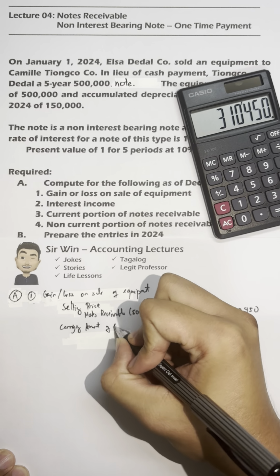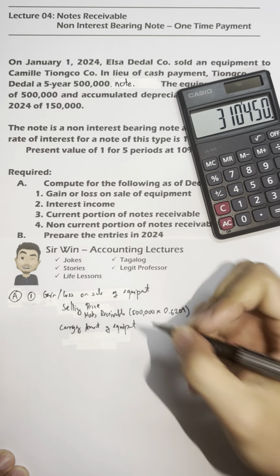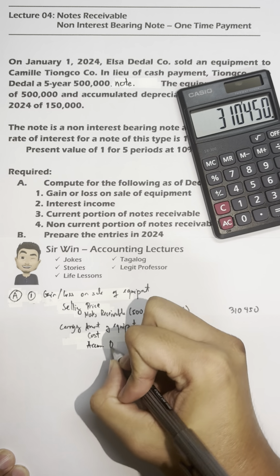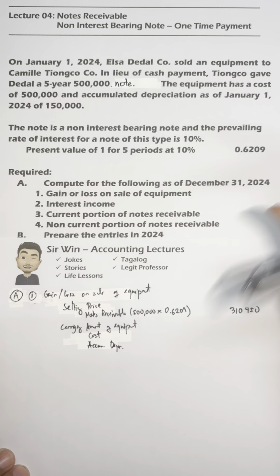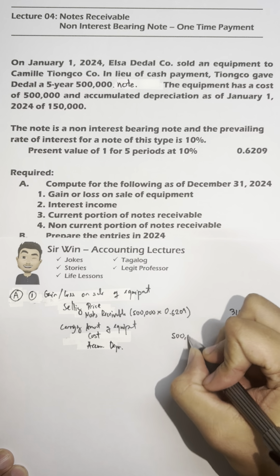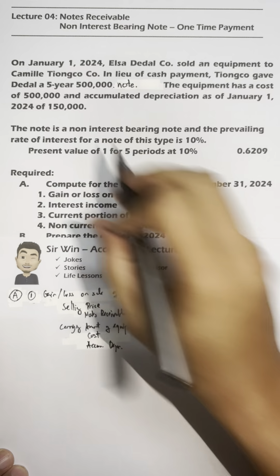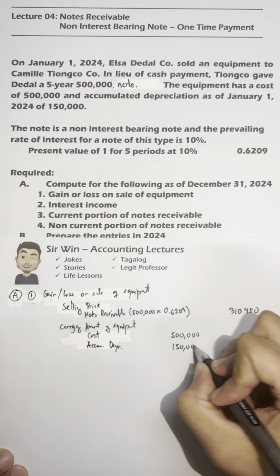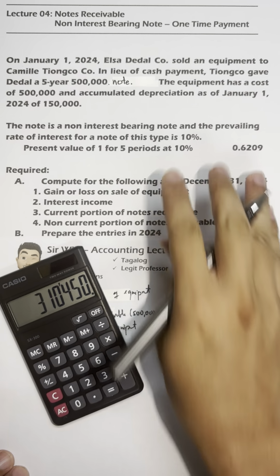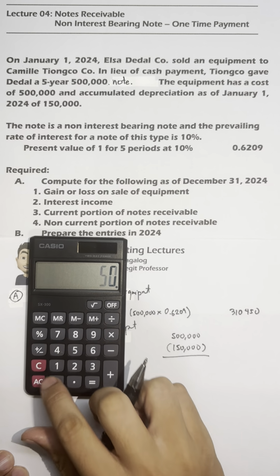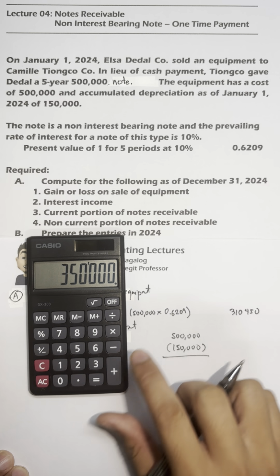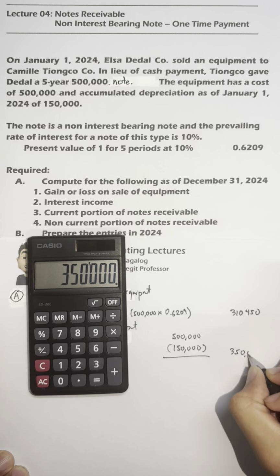of the equipment. Para malaman ang carrying amount ng equipment, it is the comparison between the cost and the accumulated depreciation. Ang sabi sa problem, the cost of the equipment is 500,000. And its accumulated depreciation as of the moment, as of the date of sale, is 150,000. So we get the difference. Okay? 500,000 minus 150,000 would be the carrying amount, which is 350,000.